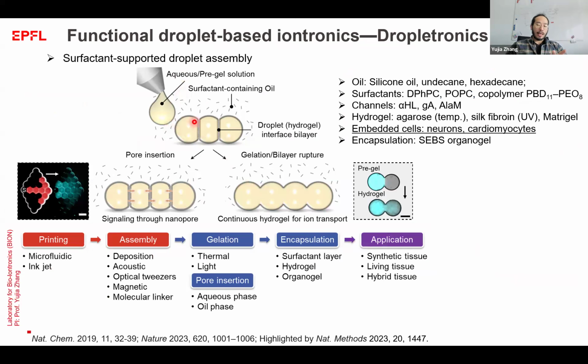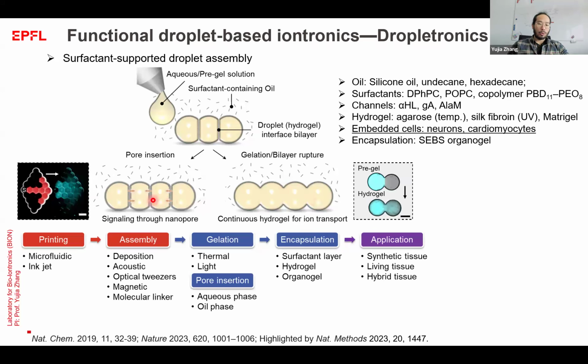After depositing aqueous droplets, either we keep them as aqueous solutions, so we do not gelate them, and therefore membrane channels can insert into the DIBs, or we trigger the gelation of those droplets by, let's say, UV cross-linking or temperature cross-linking, and the gelation of those polymers will rupture the internal droplet interface bilayers and form a continuous hydrogel droplet network for larger battery output or other applications.